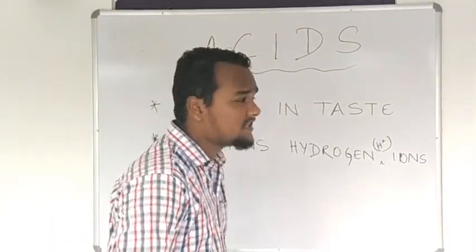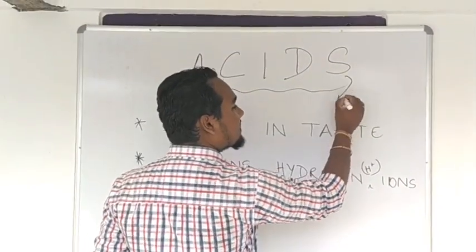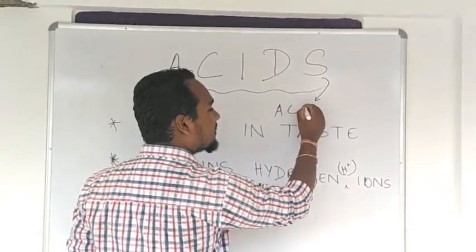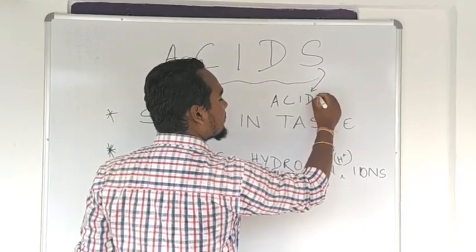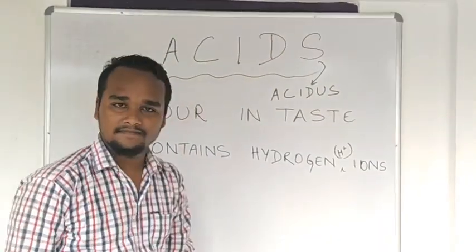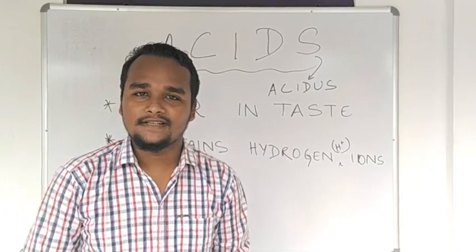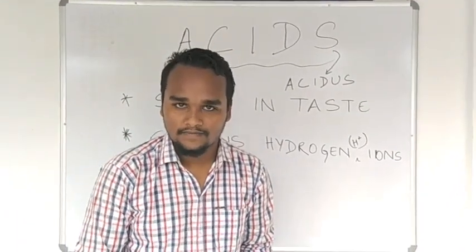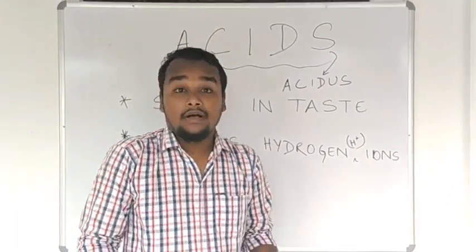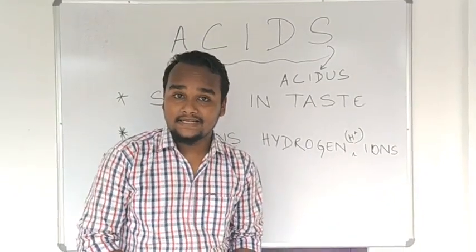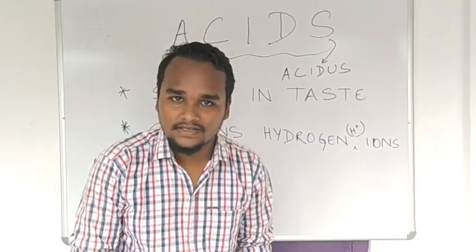In fact, this word acid itself is derived from the Latin word acidus. What is the meaning of acidus? Acidus means sour. Clear? So now I have explained acid with the help of some fruits.